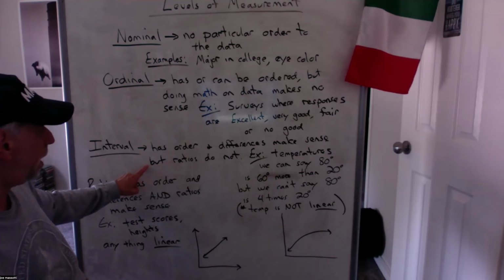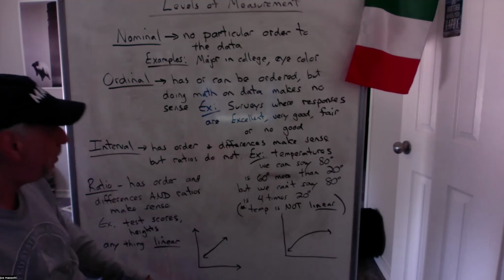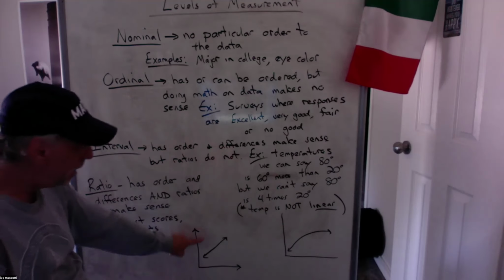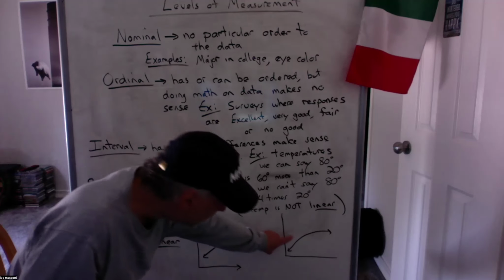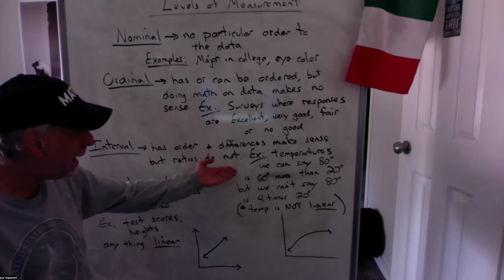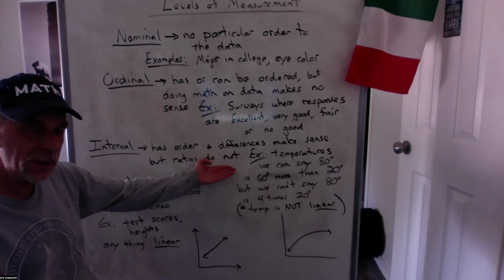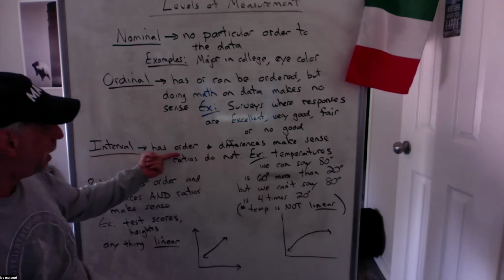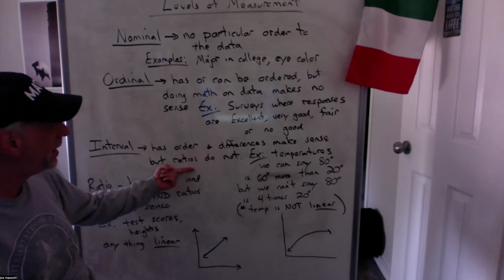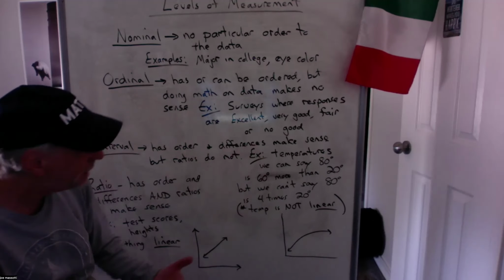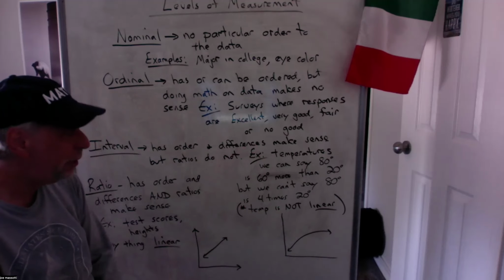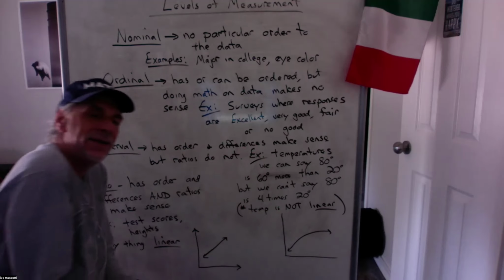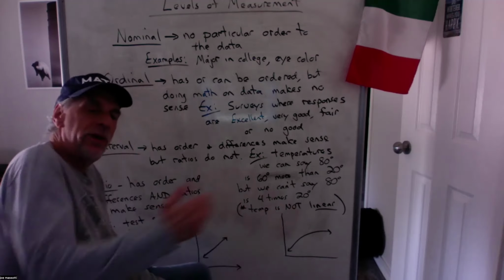All right? A linear scale reaches the level of ratio. If it's not a linear scale, but you can talk about differences, then it's an interval scale. So it has order and differences make sense, ratios do not. So think of temperatures. We can say 80 degrees is 60 degrees more than 20 degrees. That makes sense, right? 60 degrees more.